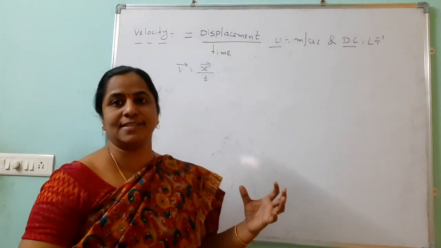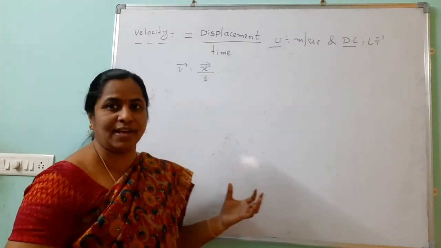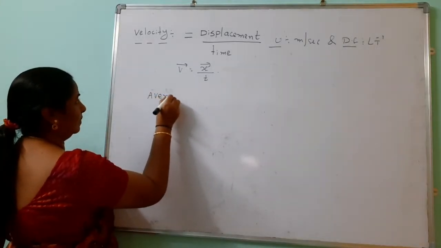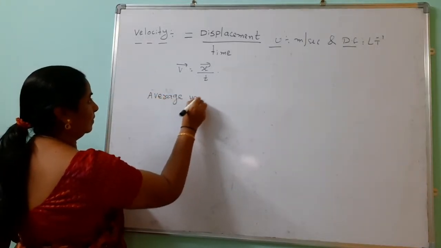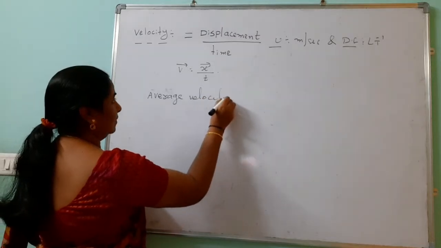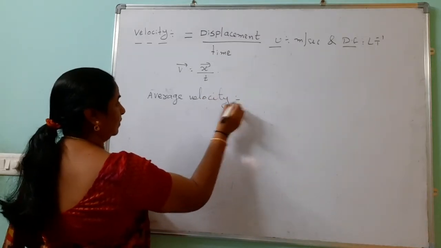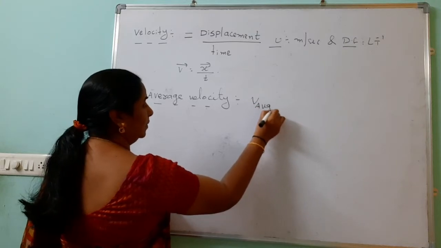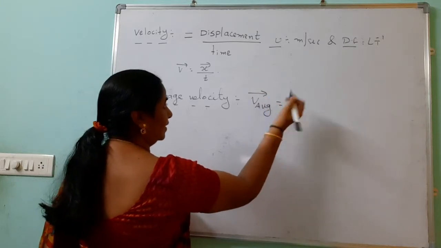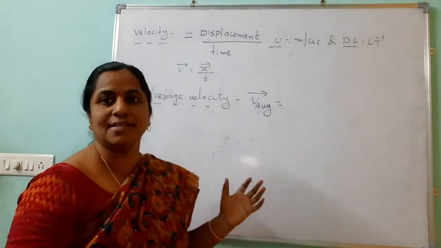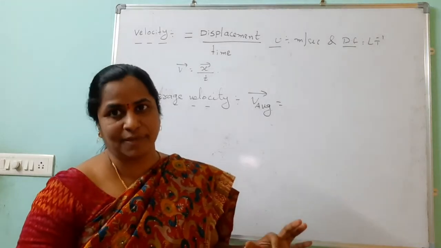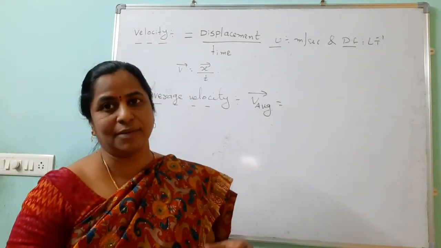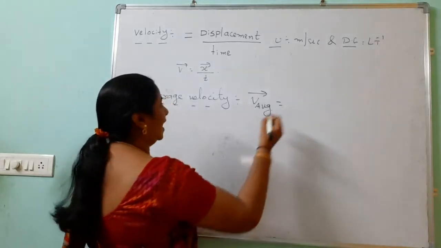Then we are going to discuss the average velocity. It is a vector quantity, so we represent V average bar equals the ratio of total displacement by total time. The ratio of total displacement by total time is called the average velocity.